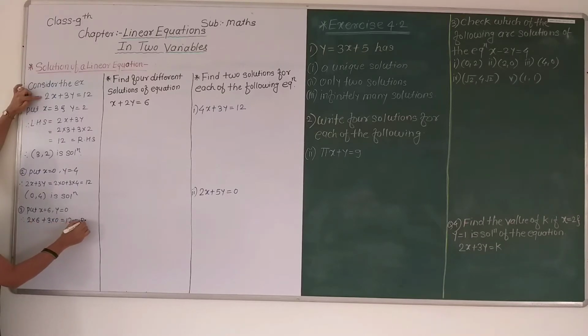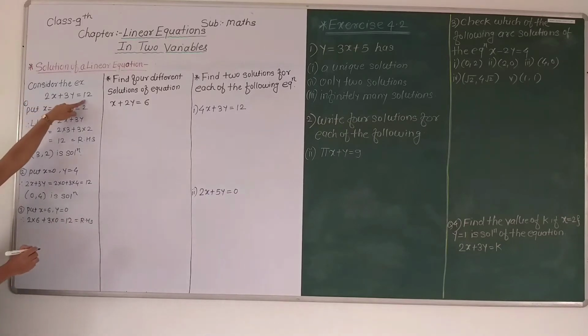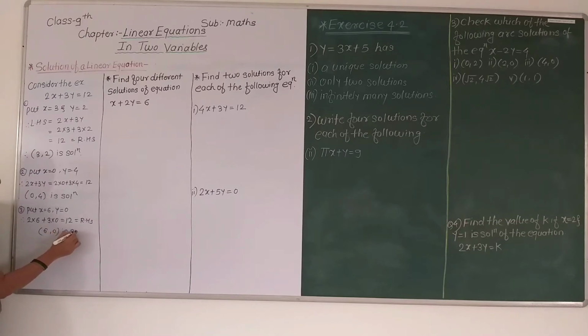That is equal to RHS. Right? That means here we get value of x is 6 and y is 0. In coordinate geometry, first one is x coordinate, second one is y coordinate. We have learned this, right? So (6, 0) is also a solution for this given equation.